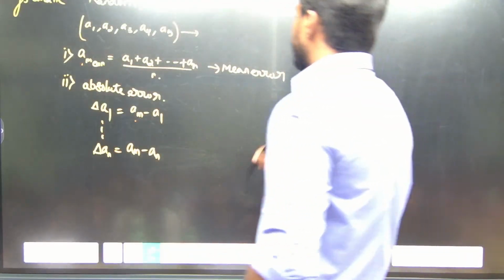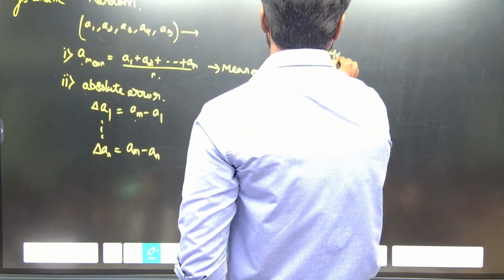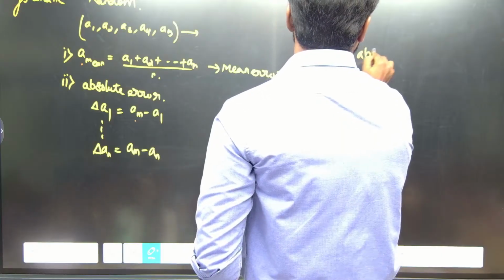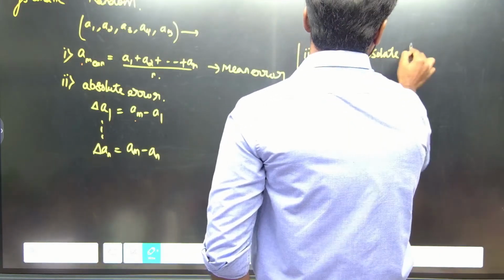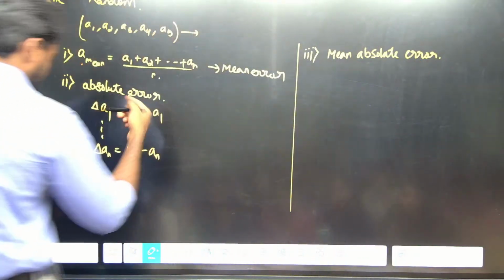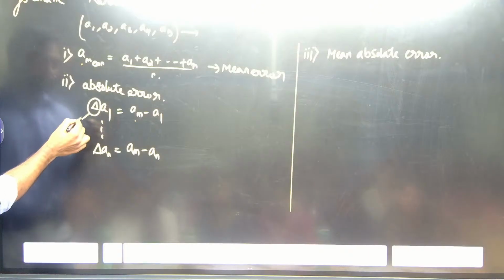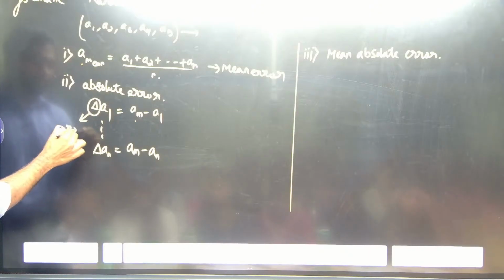The third step is the mean absolute error. We got the absolute errors, so after that we need to get the mean absolute error. What is the meaning of delta here? It is error.